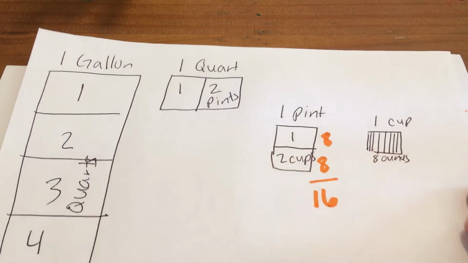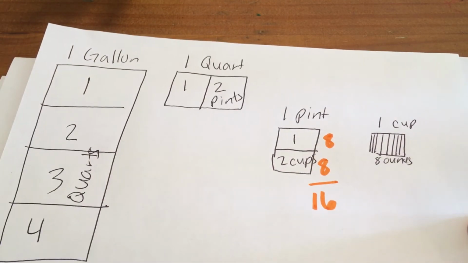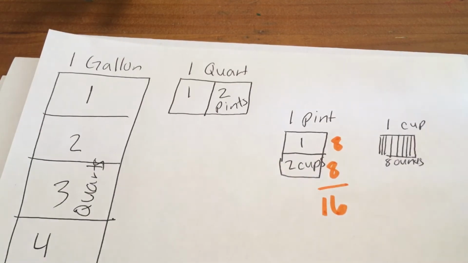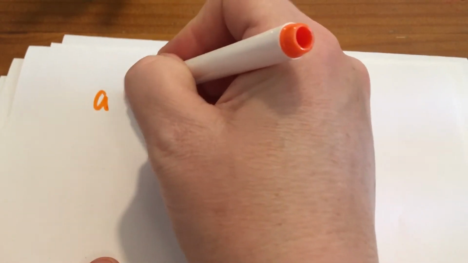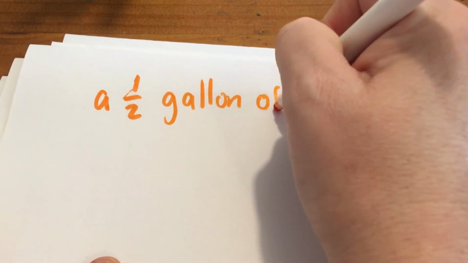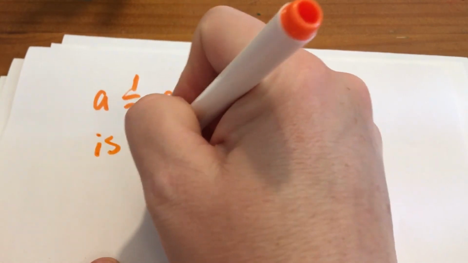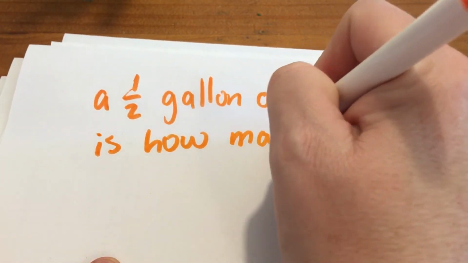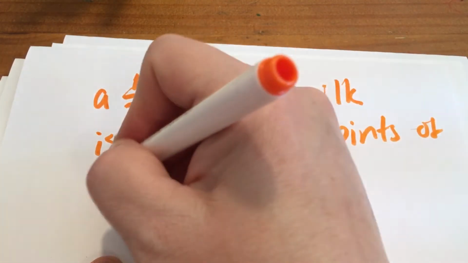Okay? So let's do a couple of examples. Let's do some more work. They're going to ask you, a half gallon of milk is how many pints of milk?